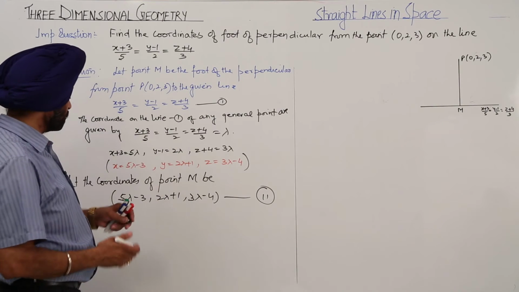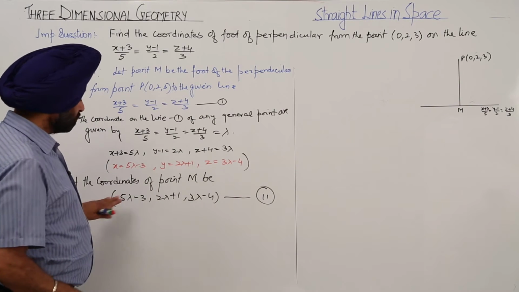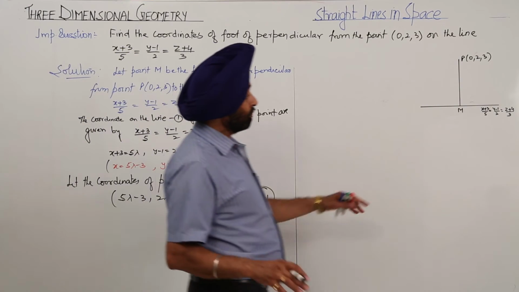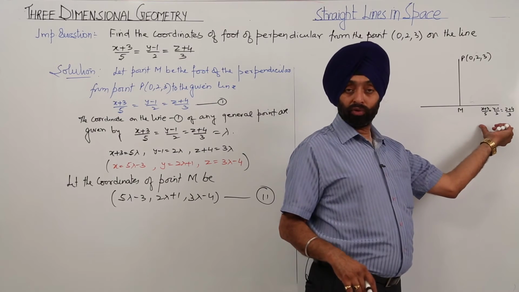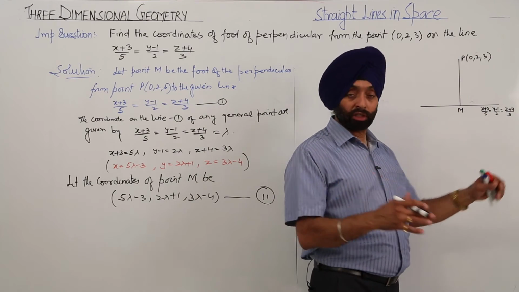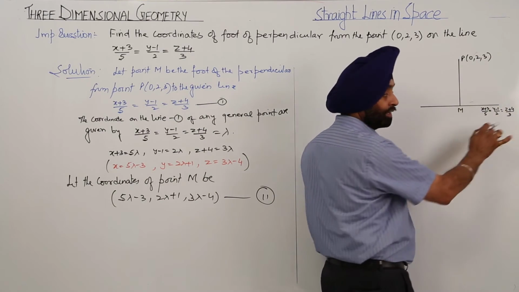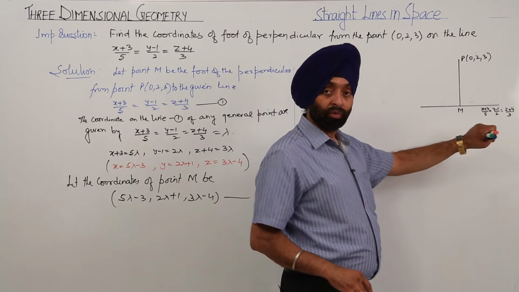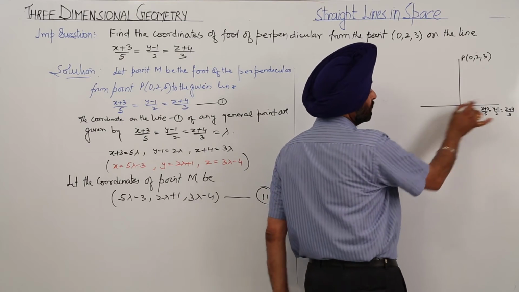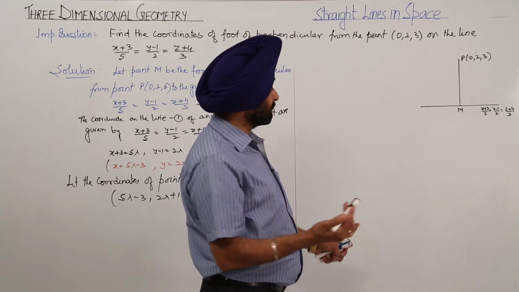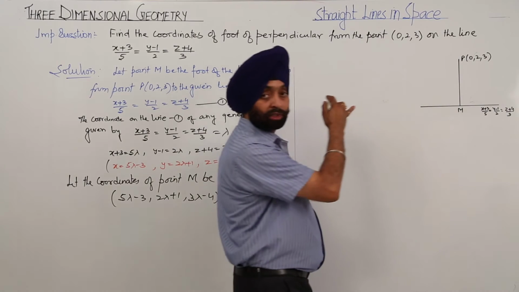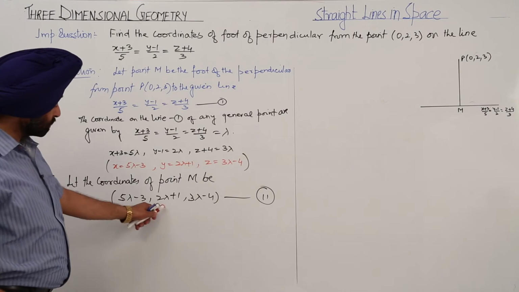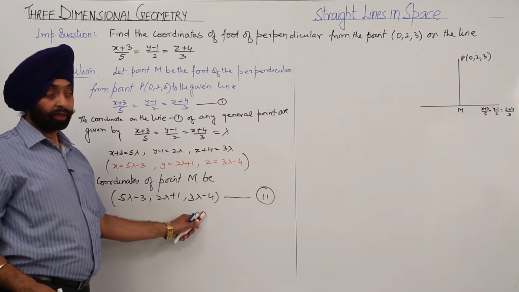It was one and the same thing, but now we just have to mention that these are the coordinates of point M. What we have done is, we took lambda for any general point on this line and got the values of x, y and z of any point on this line. So we have taken the general point as M, and the coordinates of M are now 5 lambda − 3, 2 lambda + 1 and 3 lambda − 4.